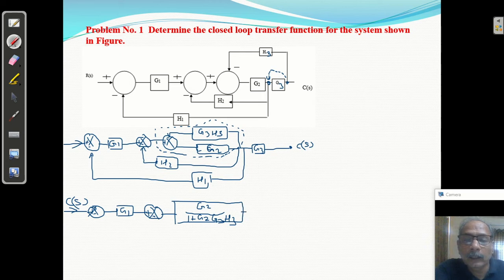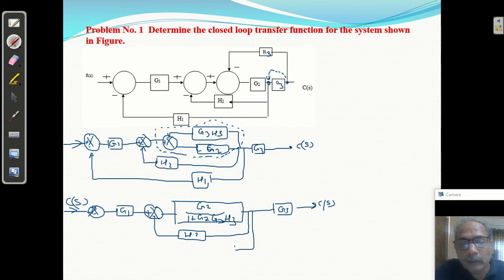Then this is G3, this is C of S, and you are taking feedback from here. This is H2. One more feedback from here. This is H1. Okay, so you will get this diagram.